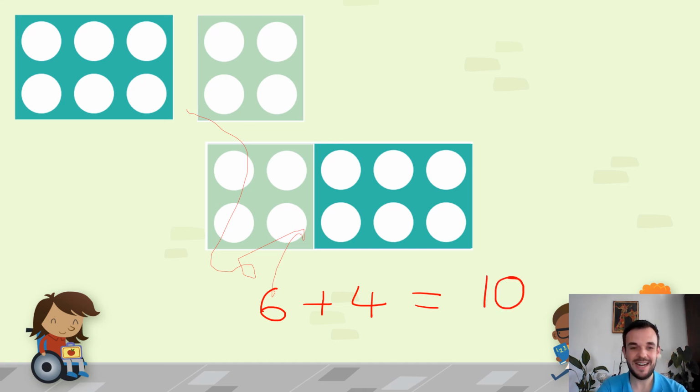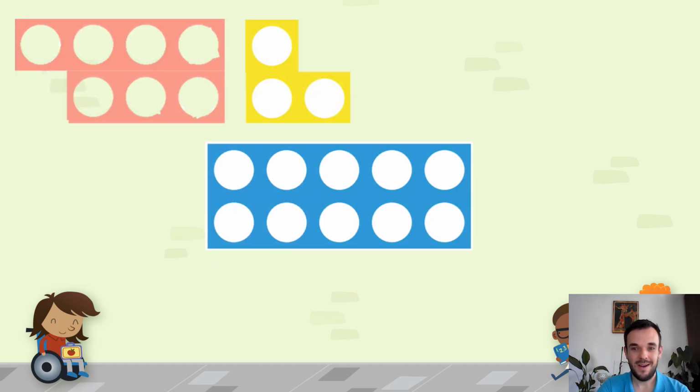Again, let's have a look at the last one we're going to do today. Okay, once again, we have our number 10 Numicon piece here. And up here, we have a 3 and a 7. Let's see if we can use these pieces to cover the number 10.